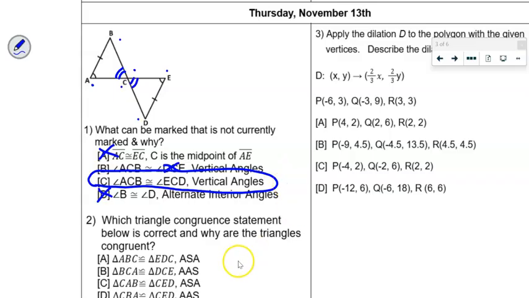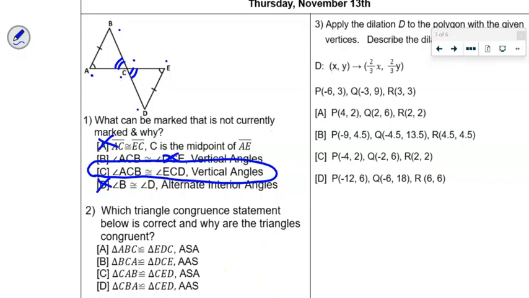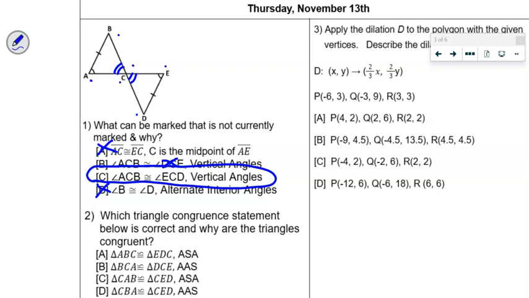Then it says, what triangle congruent statement is correct, okay? So then if we talk about AB is from 1 to nothing, we're looking at what? EDC. Okay, so this would be, and why are they congruent? Okay, well, it also says that, so we had to figure that out, right?